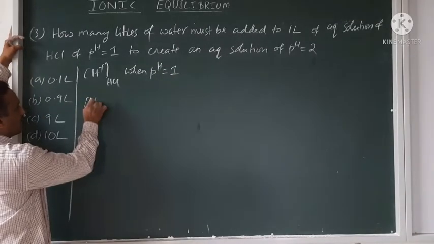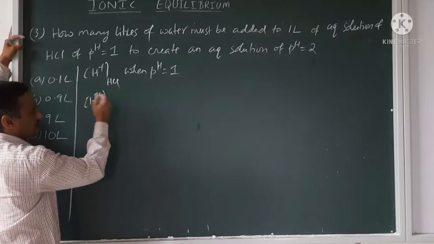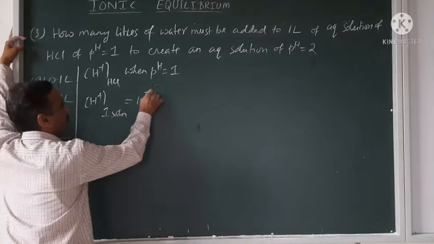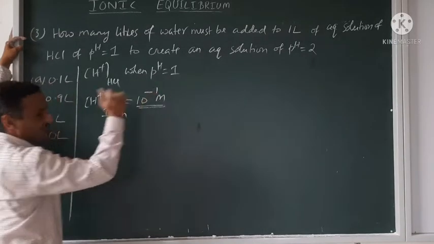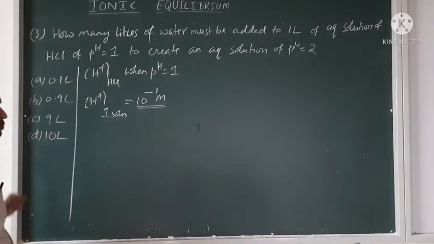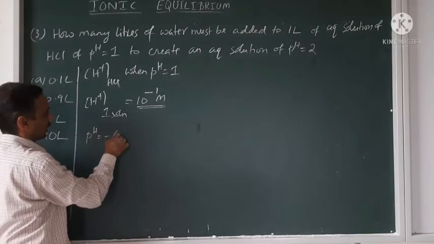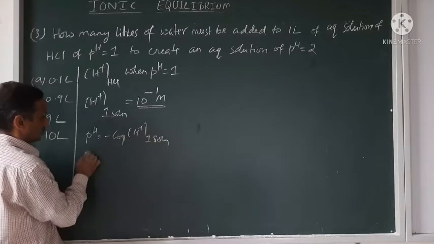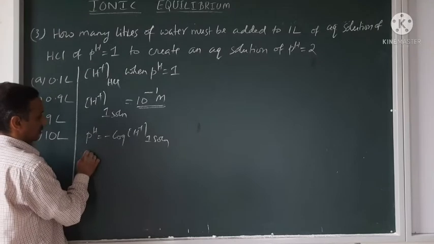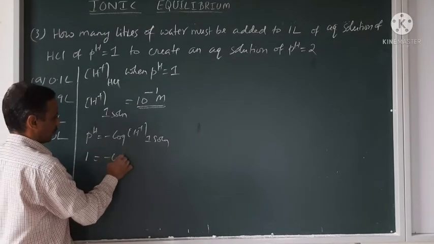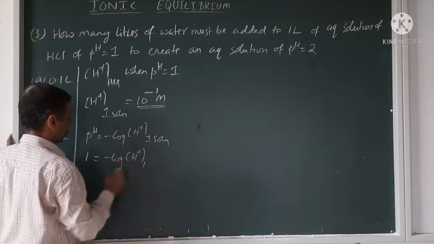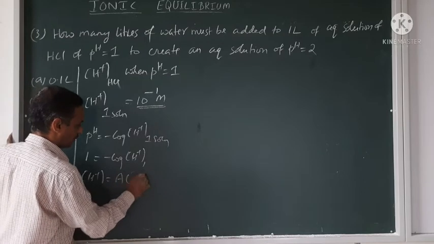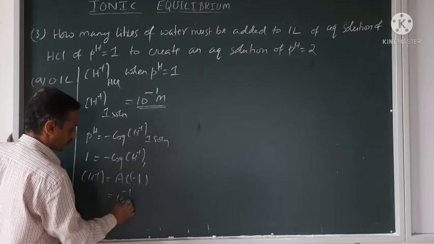The H plus concentration of the first solution is 10 to the power minus 1 M. Use the formula: pH is equal to negative logarithm of H plus concentration. So pH 1 is equal to negative logarithm of H plus concentration of the first solution, or H plus concentration is equal to antilogarithm of minus 1, which is 10 to the power minus 1 only.